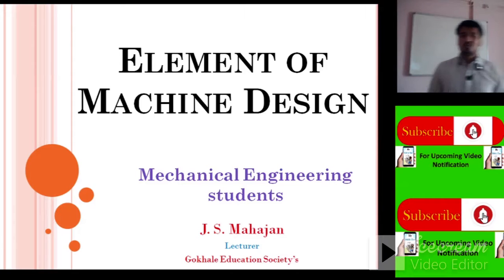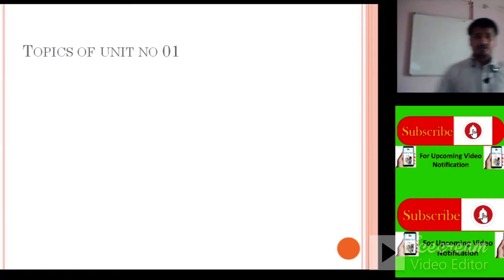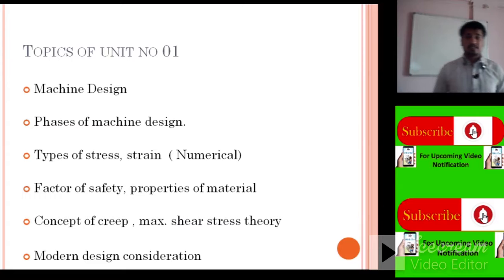Now we will move toward our first unit, that is fundamentals of machine design. Here we have different topics. First point is machine design, second is phases of machine design, then we have different types of stress, strain and simple numericals based on stress strain. We also have a stress strain curve in this point.